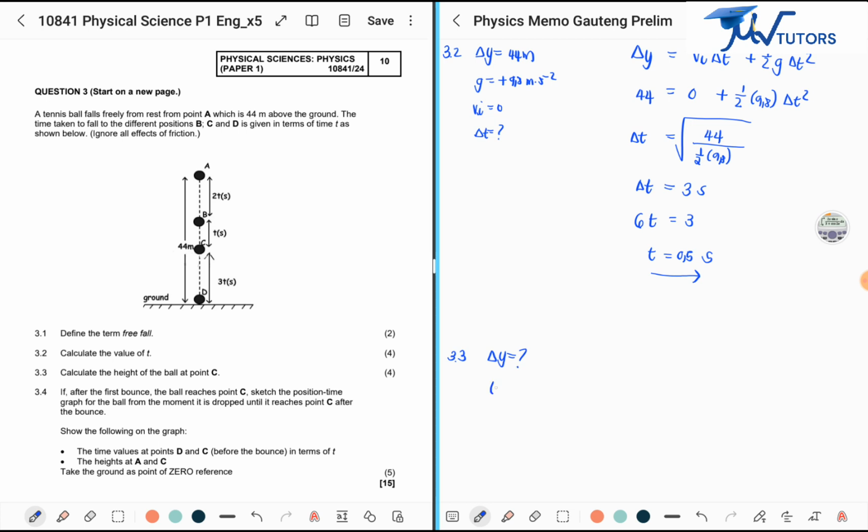Our time is 3 times t, which is 1.5 seconds.